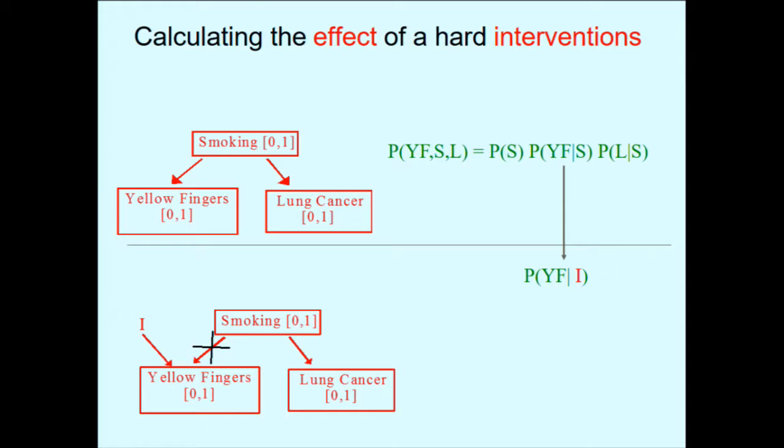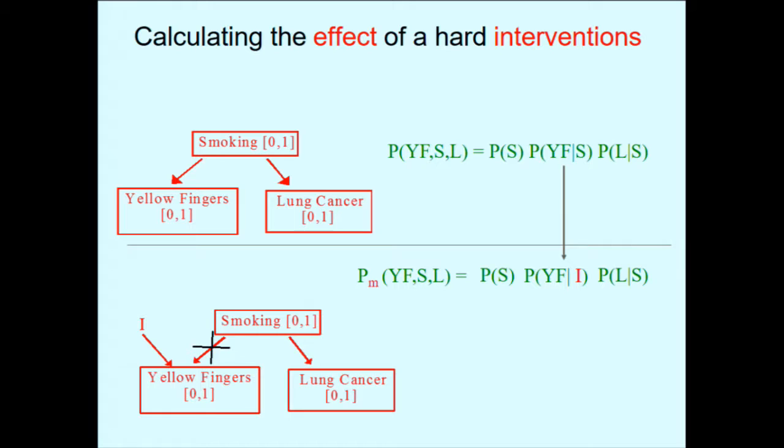My intervention actually is now setting the distribution for yellowed fingers, whereas prior it was set by smoking. So that's exactly the right answer. And then the other thing to notice is the other terms get carried down unchanged. So that's it. And what we say is this is the manipulated distribution.